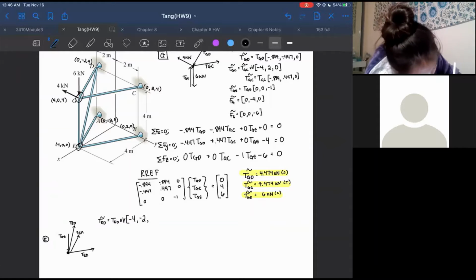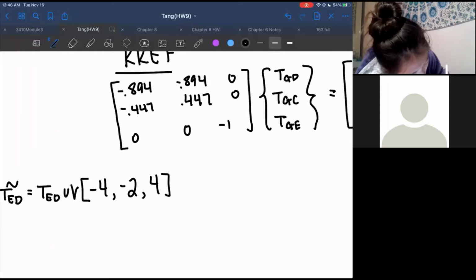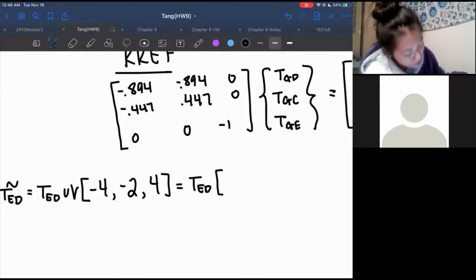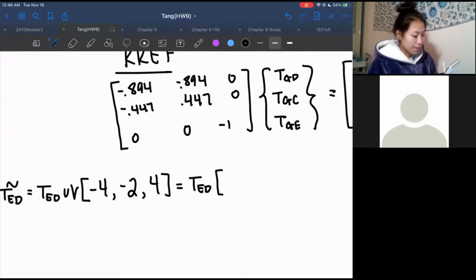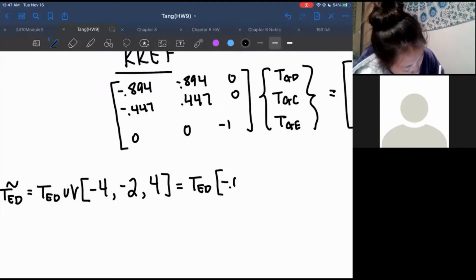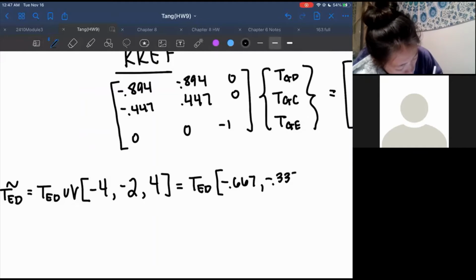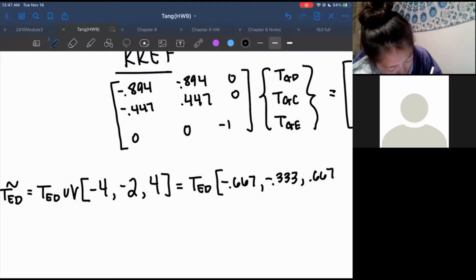And then 4 minus 0, which is 4. And we're going to unitize that. So that'll be TED times, right? So we got negative 0.667, negative 0.333, and then 0.667.